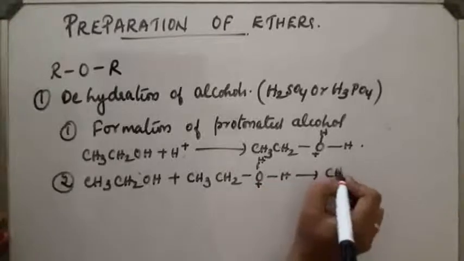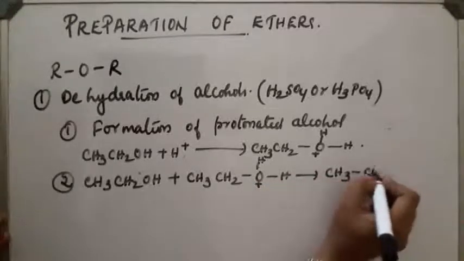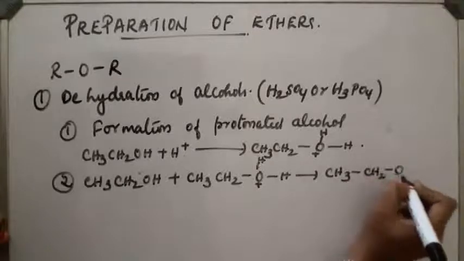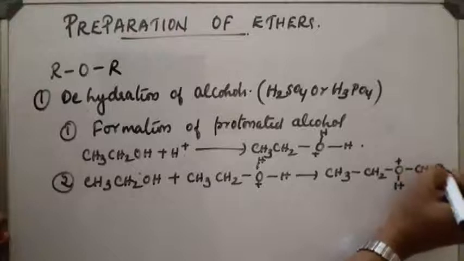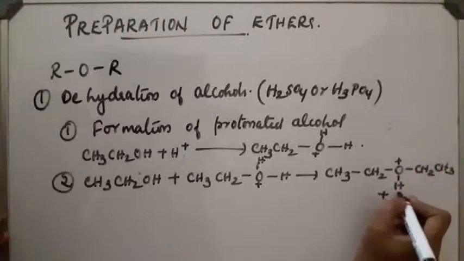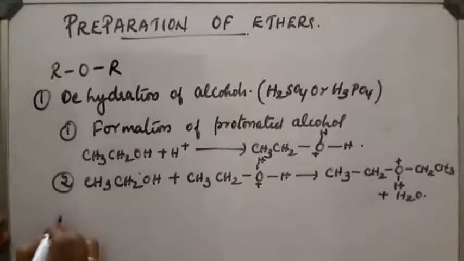Product will be like this: CH3CH2OH plus CH2CH3 plus H2O. This is the second step.